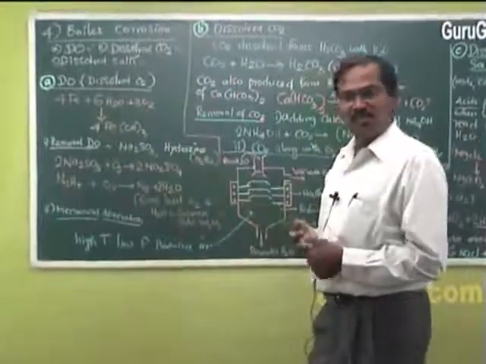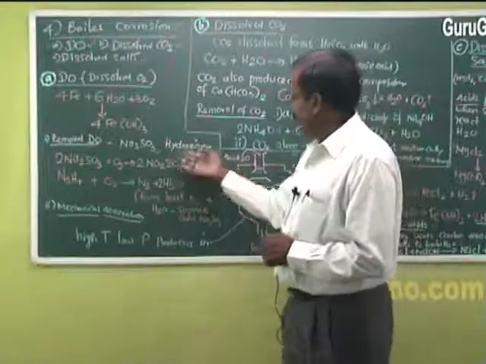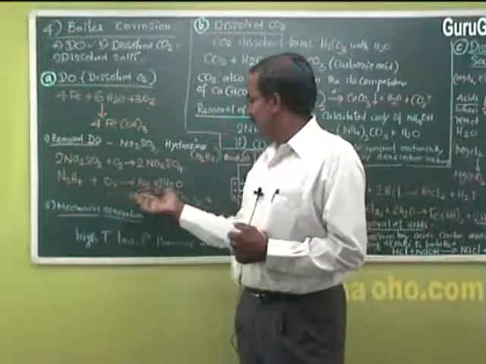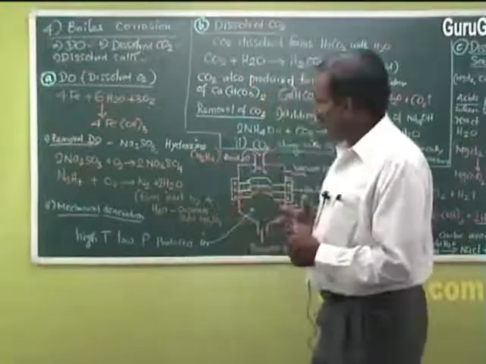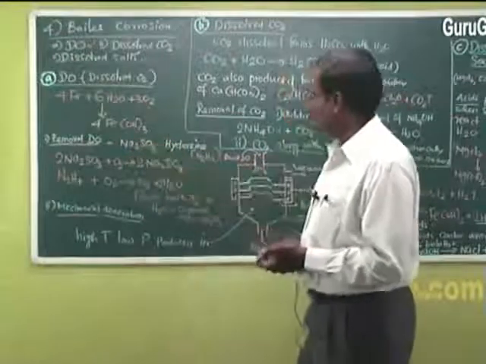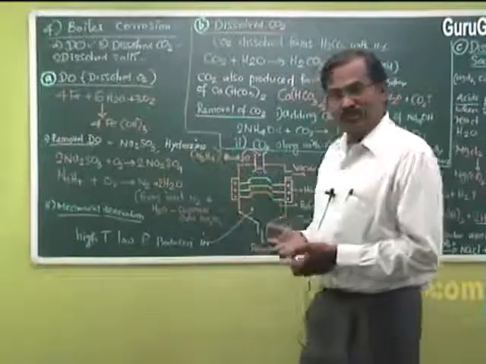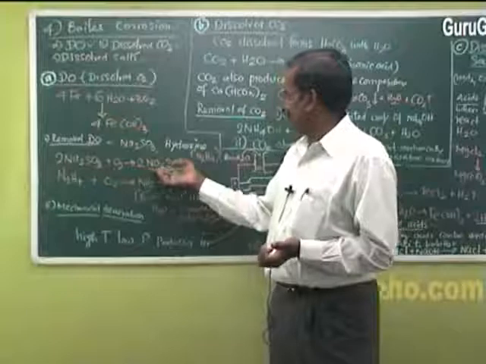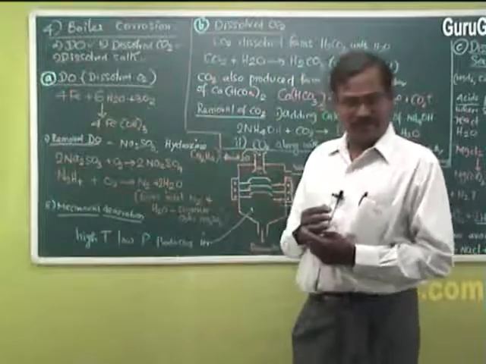So the dissolved oxygen is completely removed. And hydrogen also combines with oxygen, forming nitrogen and water. So if there is any dissolved oxygen, on adding sodium sulfite, Na2SO3, or by adding hydrogen, the dissolved oxygen is trapped and converted into sodium sulfate and nitrogen and water respectively.